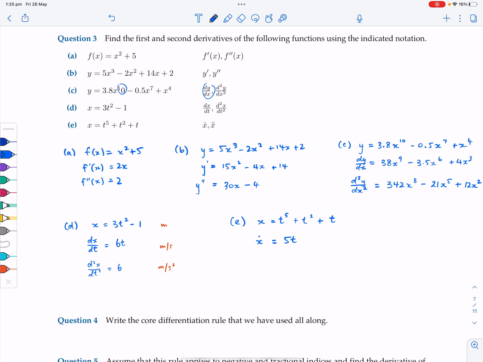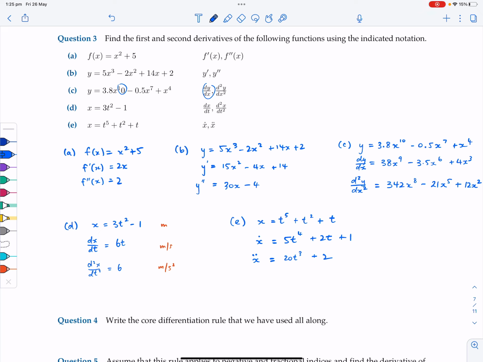So that's 5t to the 4 plus 2t plus 1, and x double dot is the same thing as the second derivative, so 20t cubed plus 2. Okay, so the same thing throughout here. We're just taking the first and second derivative, but we're looking at the different kinds of notation that can be used. They all have their place.